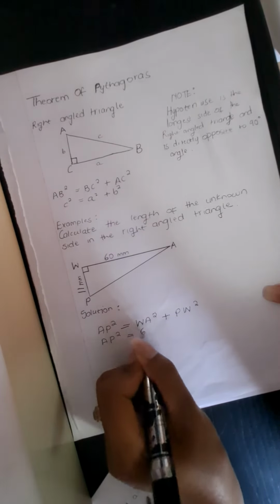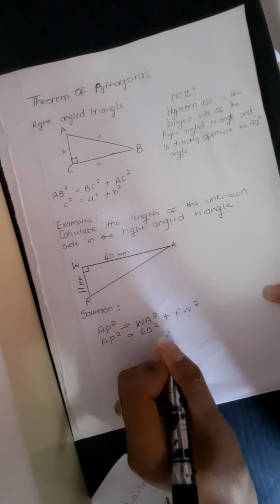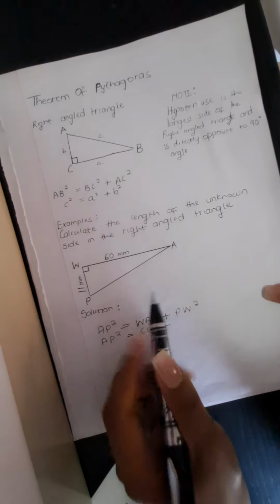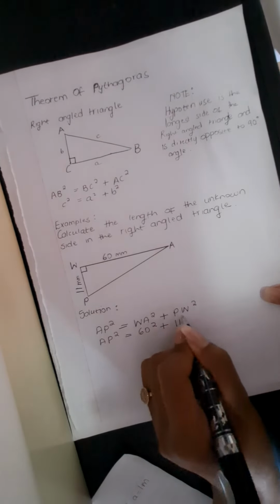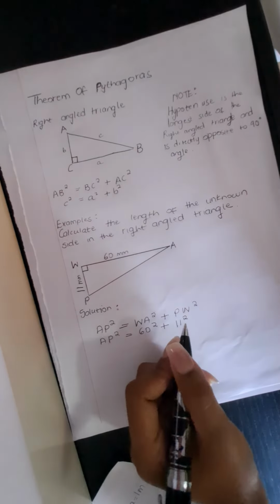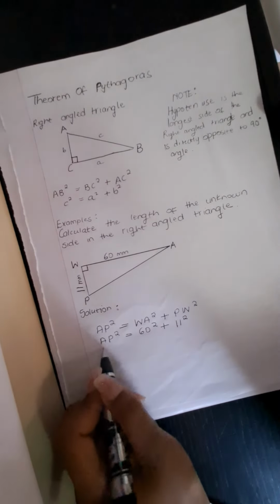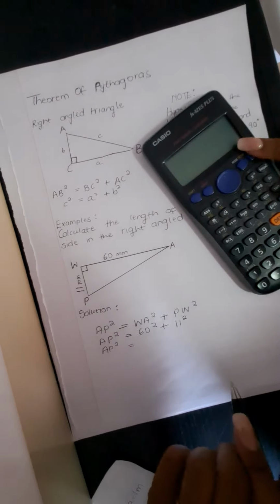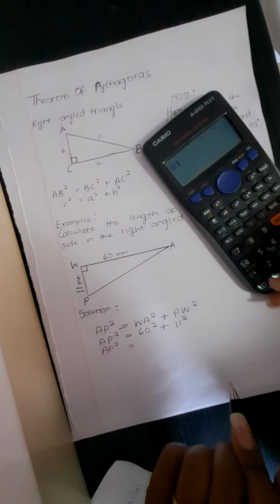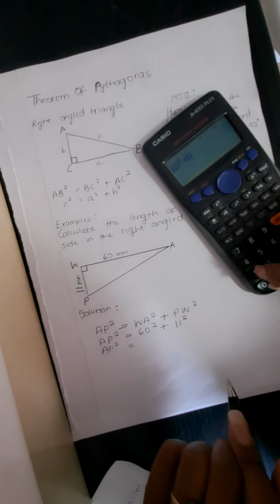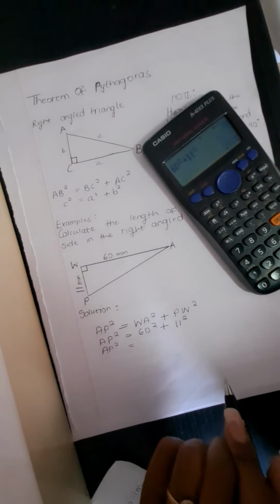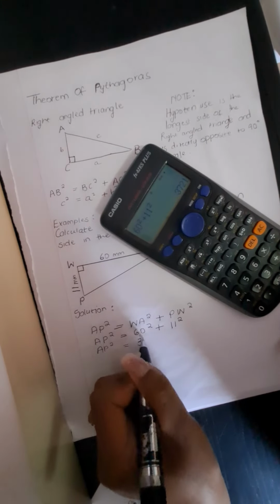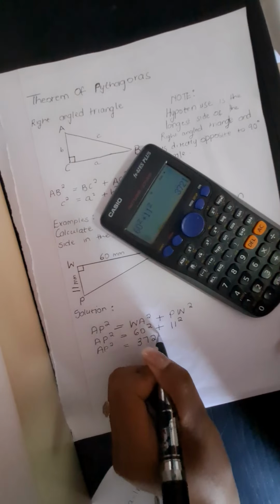So you just say 60 squared plus, and then PW is 11 squared. And then you use your calculator. AP squared is equal to, you press your calculator, 60 squared plus 11 squared, we are getting 3,721.